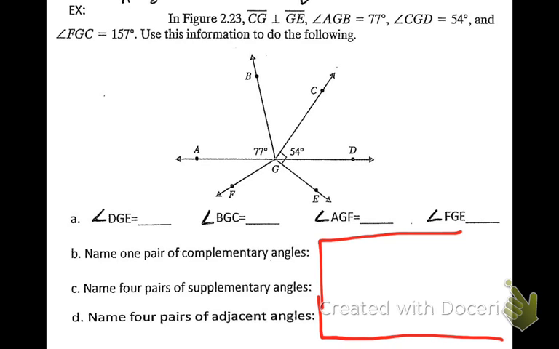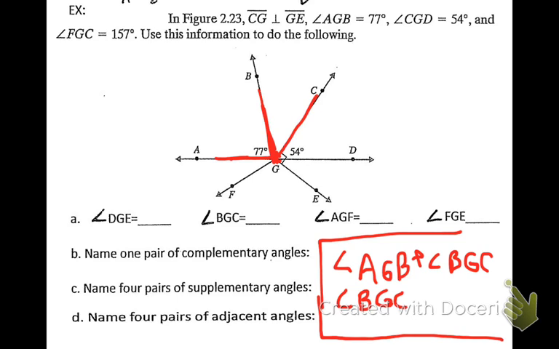Some other combinations are AGB and BGC. These two are adjacent. They share this ray and this vertex. We could do angle BGC and angle CGD.